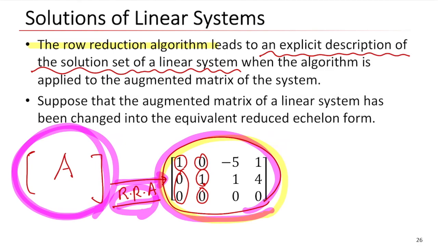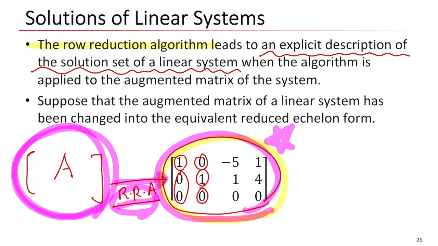Okay, we have a reduced echelon form of the original matrix A. Then what does this matrix tell us about the matrix?